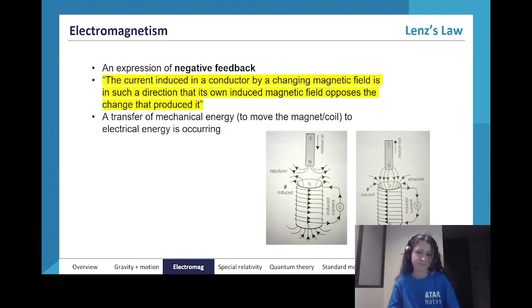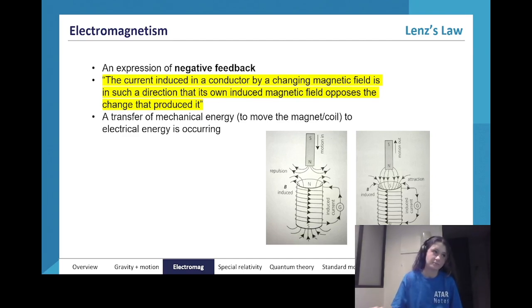So now getting on to Lenz's law. Lenz's law is, at least what I considered in year 12 to be, the most difficult part of electromagnetism. So Lenz's law is an expression of negative feedback.